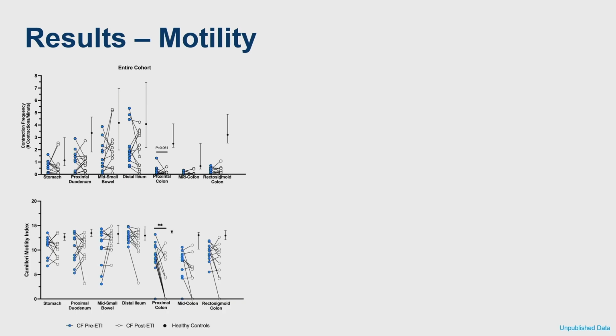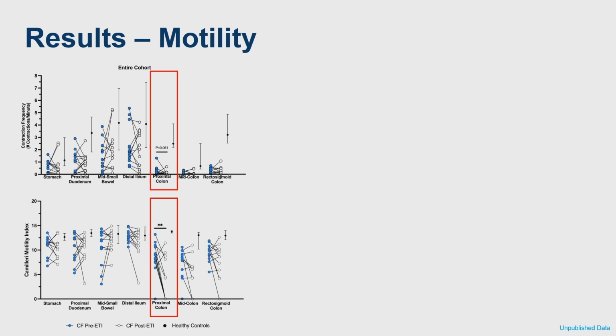When we looked at the Camilleri index, again, for most of the GI tract, there were no changes with ETI, although now when we looked in the proximal colon, in that same region from contraction frequency that was trending towards significance, we did see a statistically significant decrease in the motility index in that proximal colon.